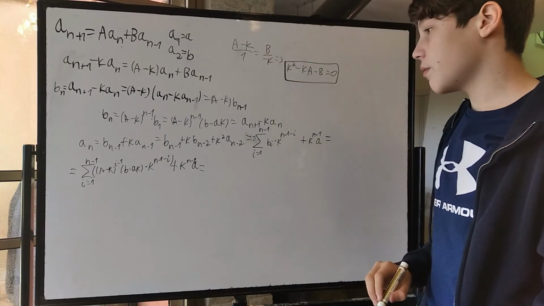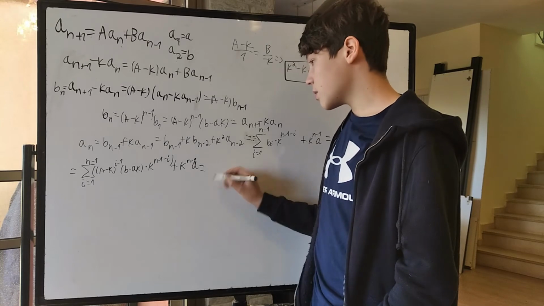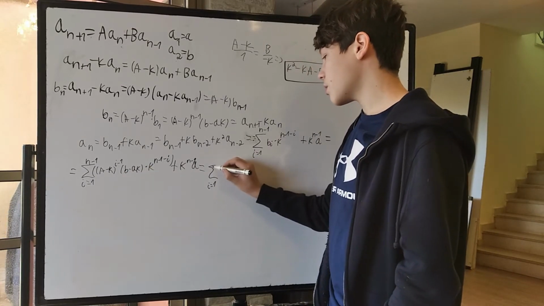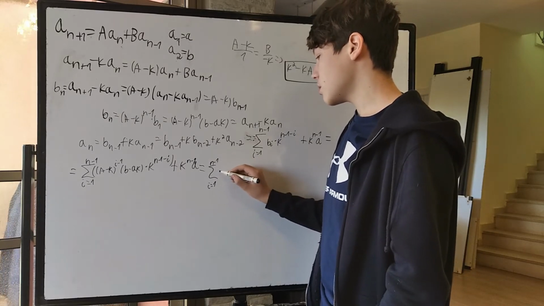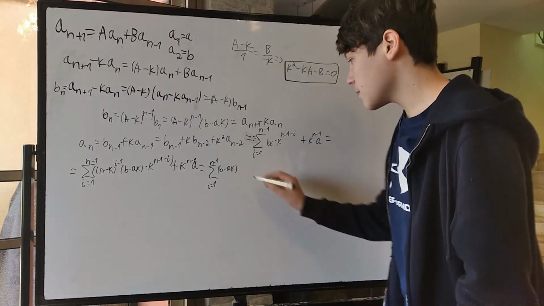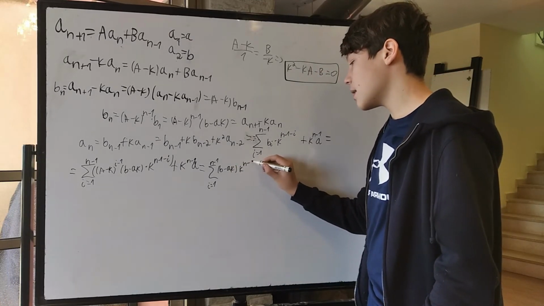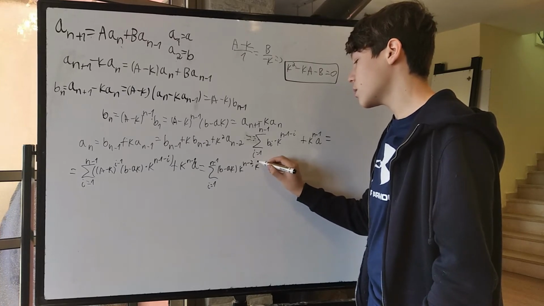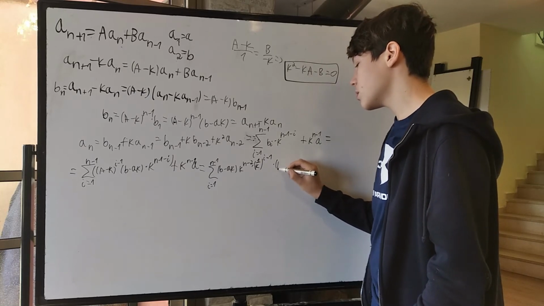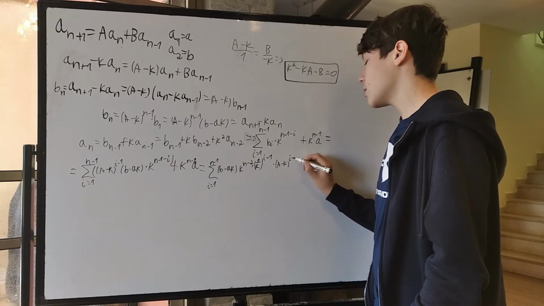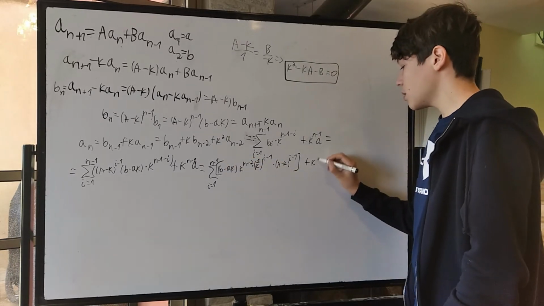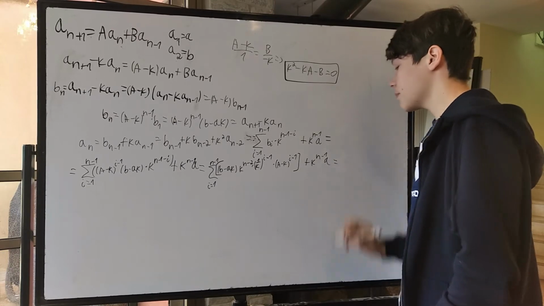Now this is what we have. It's just going to be taking some constants out. So sum as i goes from 1 to n minus 1 of b minus ak times k to the n minus 2 times 1 over k to the i minus 1 times a minus k to the i minus 1, doing a sum on all of this, plus k to the n minus 1 a.